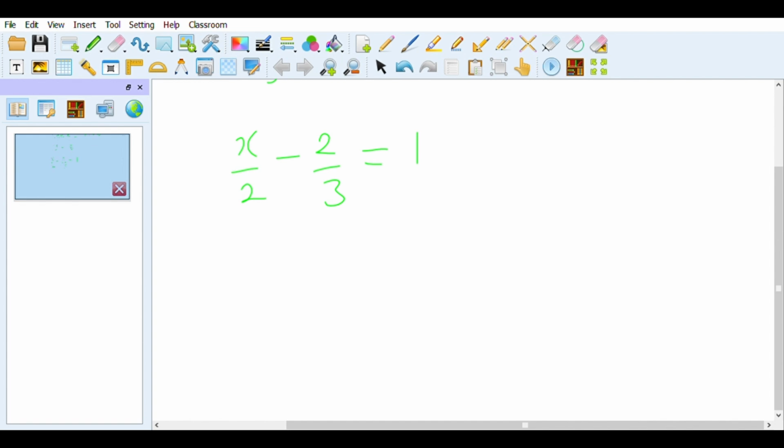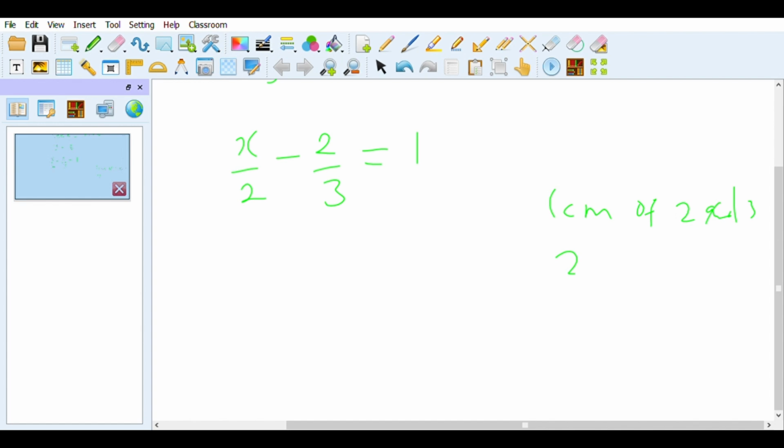So what we're going to do here, we're going to multiply through just like we did, but in this case, we're going to use the LCM of 2 and 3 to do the multiplication. So if you have more than one denominator, find the LCM of those denominators and then use the LCM to multiply.